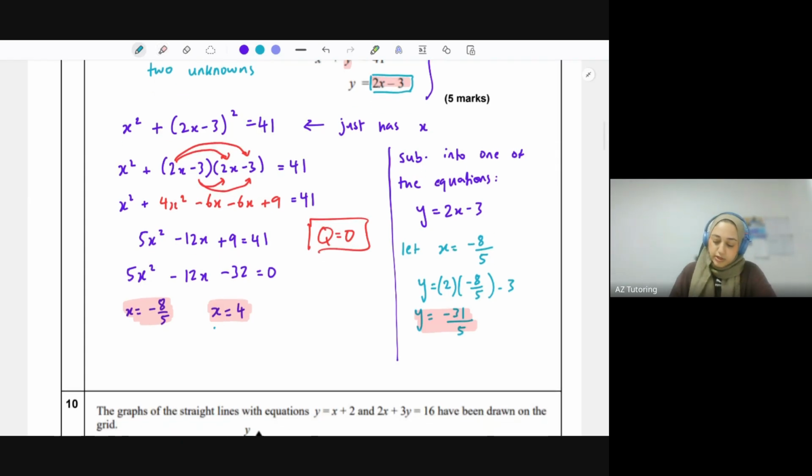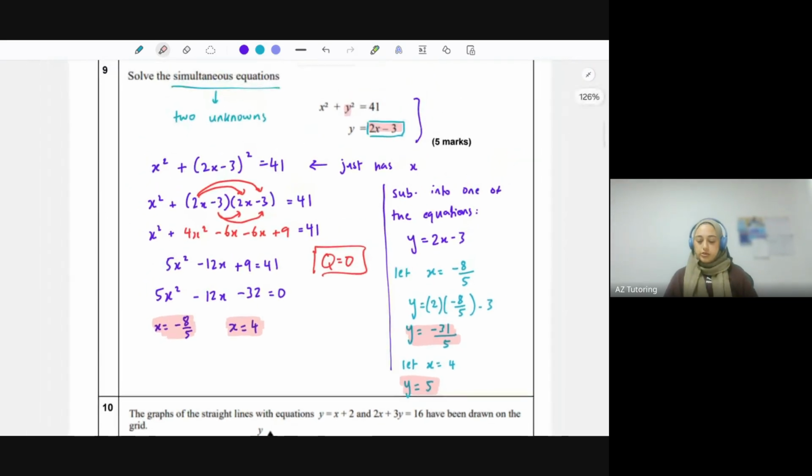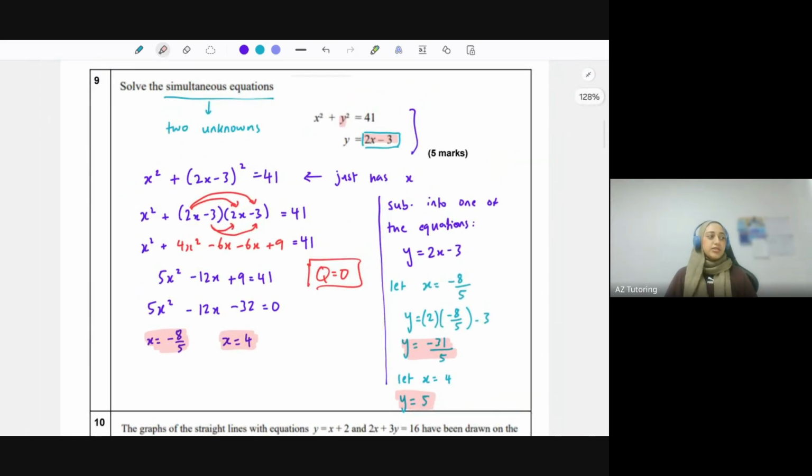Now we've got another thing to substitute. We need to substitute this in. So let's let x equal 4. Then y equals 2 times 4, which is 8. 8 minus 3, which is 5. There's our next answer. So that makes sense. We've got two answers for y and we've got two answers for x.